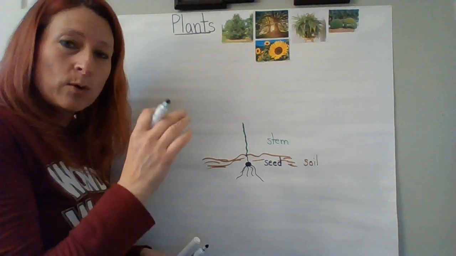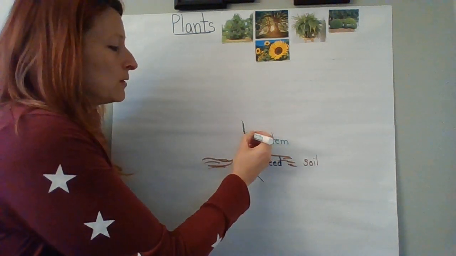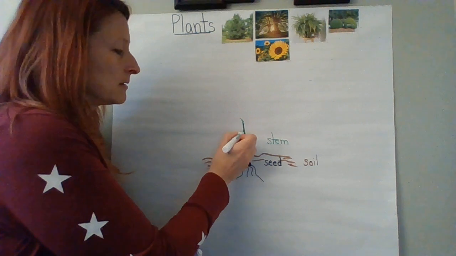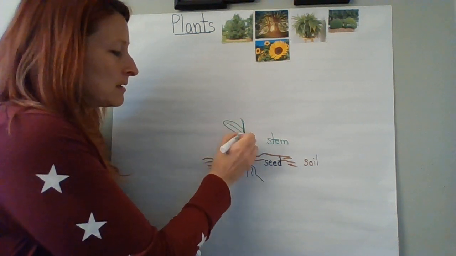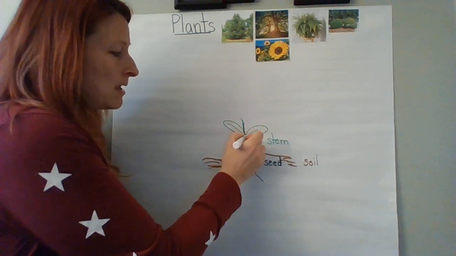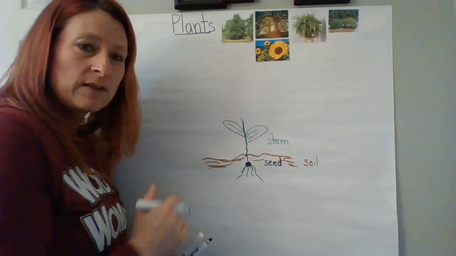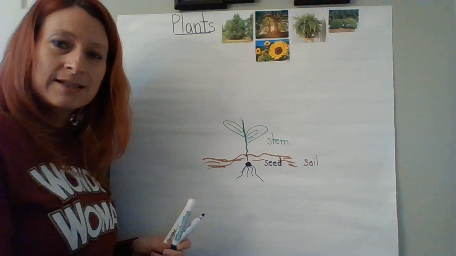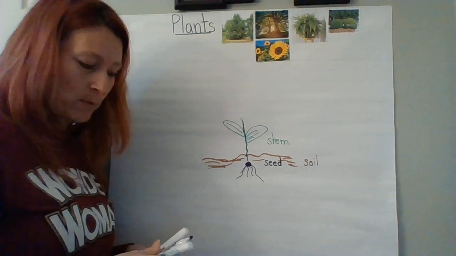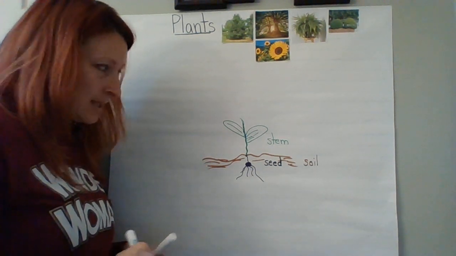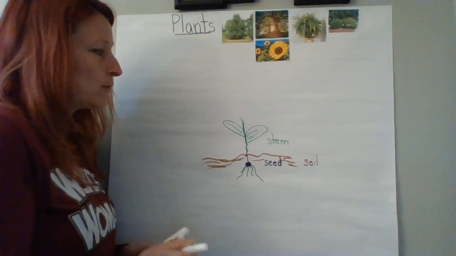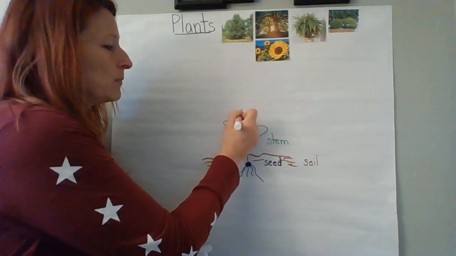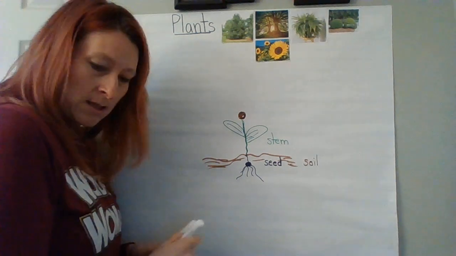As that stem grows, you get leaves. And those leaves will get from the sunlight more nutrients and more things to help the flower grow. And as that stem grows, up out of it blooms the flower.